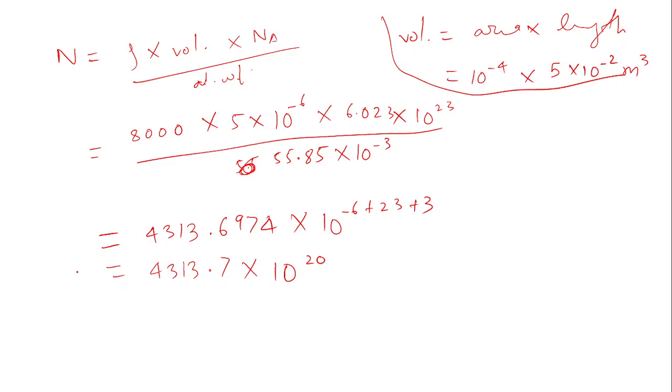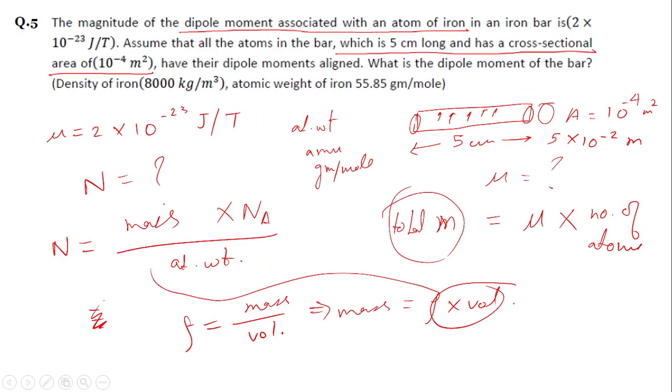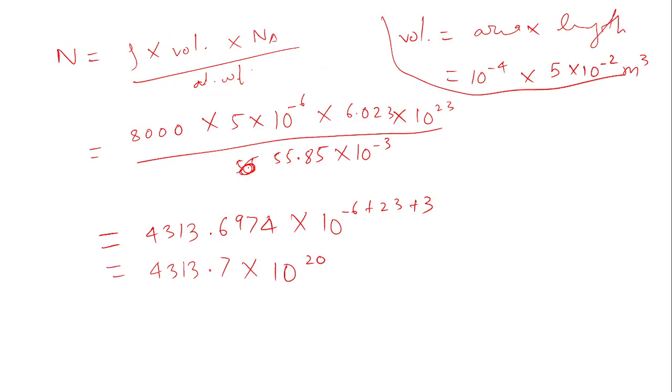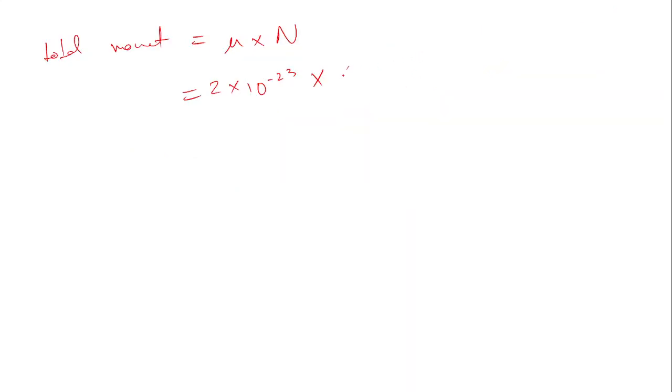So total magnetic moment of this iron bar will be: magnetic moment of one atom was 2 times 10 to the power minus 23, and number of atoms we have got 4313.7 times 10 to the power 20.